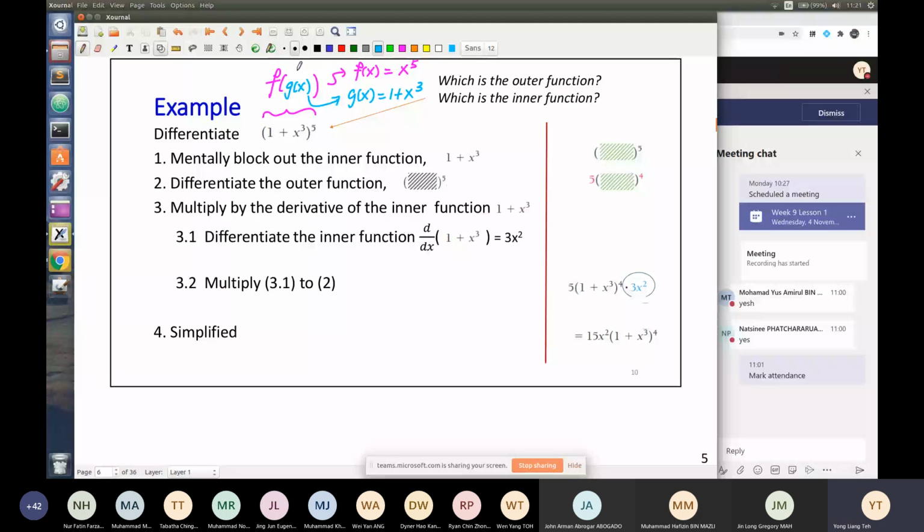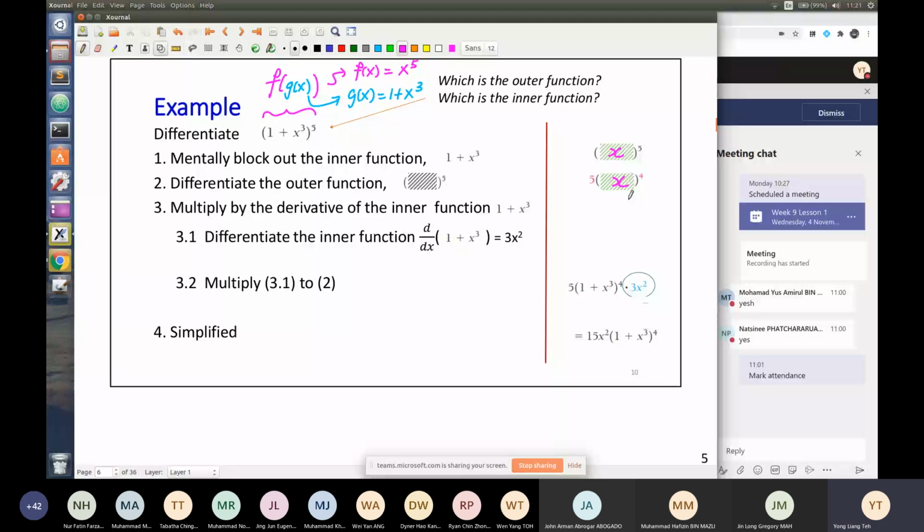So now, first step, mentally block out the inner function. Just imagine you don't have this. If you imagine you don't have this, you have a bracket to the power of 5, or rather x to the power of 5. So hence you get something like x to the power of 5. Of course you have defined f here already. Then you differentiate this outer function. When you differentiate the outer function, bring down the 5, of course, x to the power of 4. This is no big deal.